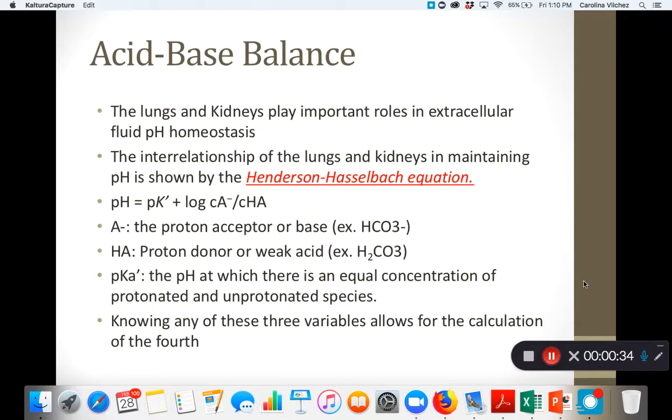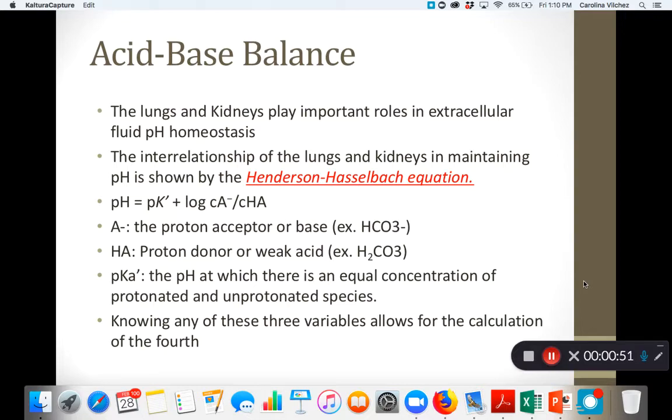A minus represents the proton acceptor or the base, which in this case can be bicarbonate, and HA represents the proton donor or the weak acid, which represents carbonic acid.